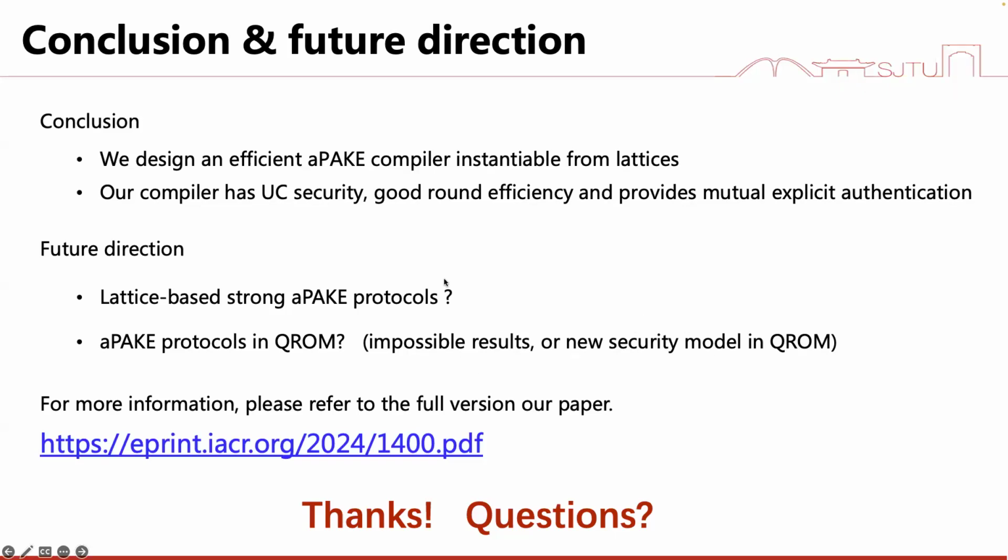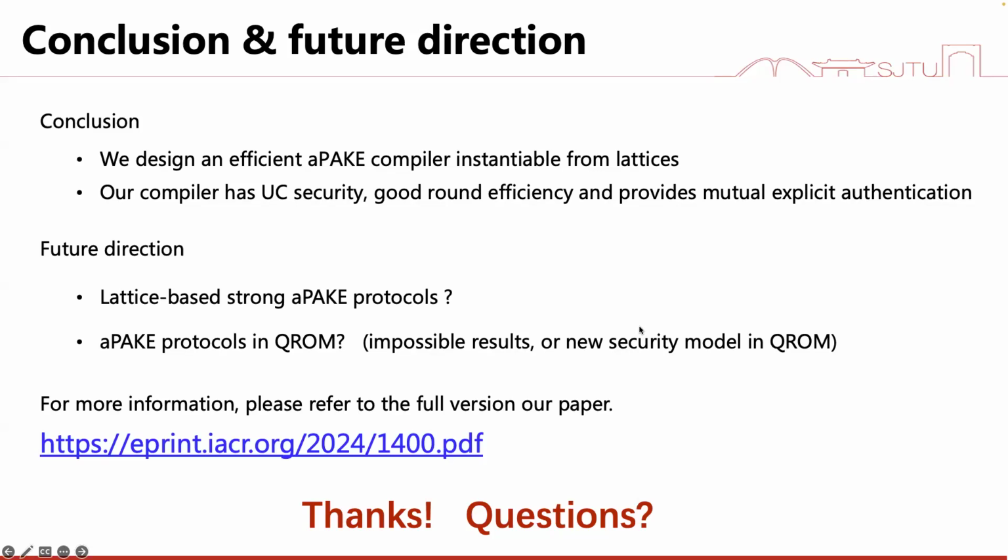Yeah, I think a difficulty in QROM, just in the asymmetric PAKE setting, is that the model needs some adaptation, because in the APAKE setting the adversary querying the random oracle Q times is equivalent to Q times brute force search on the password file.